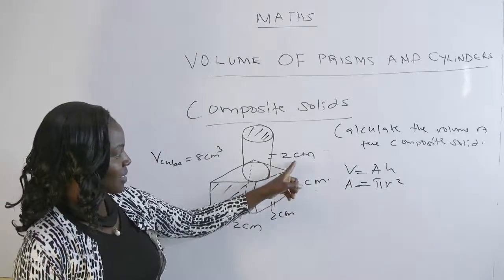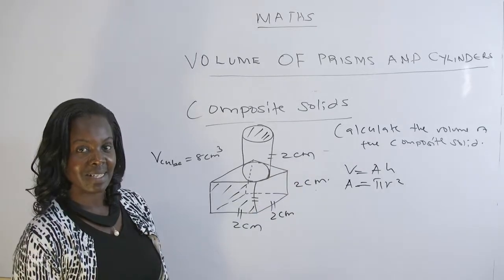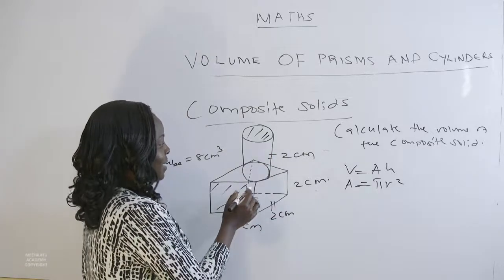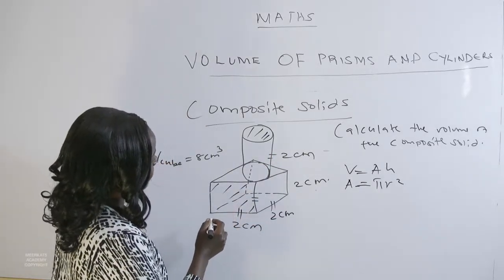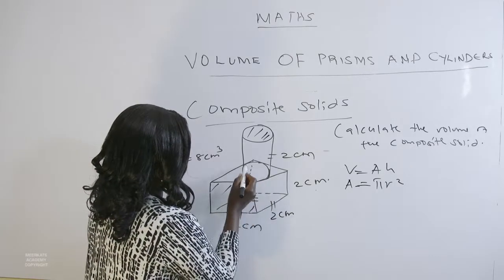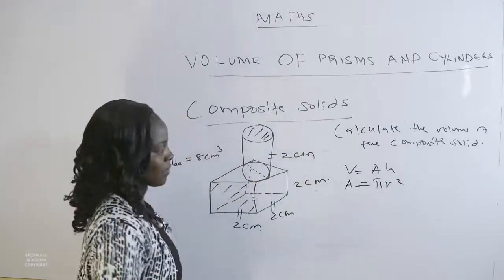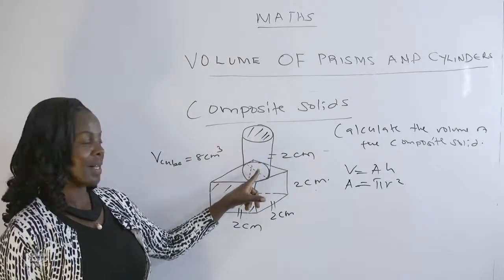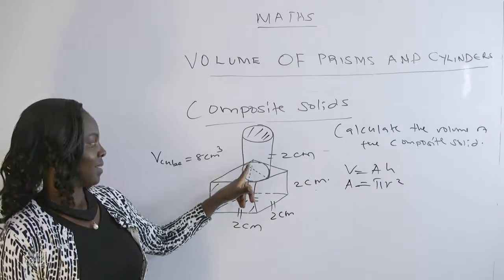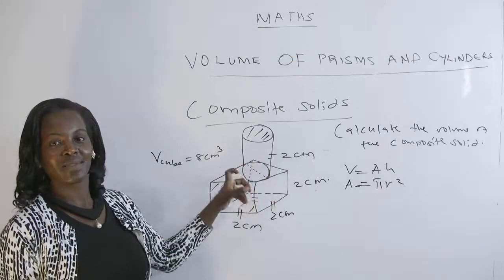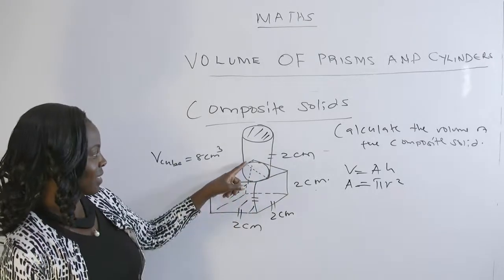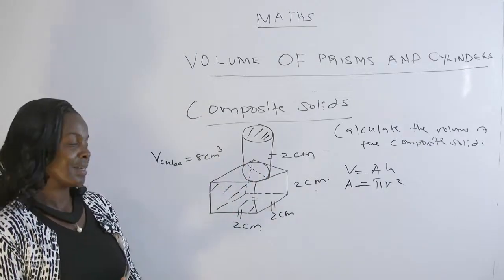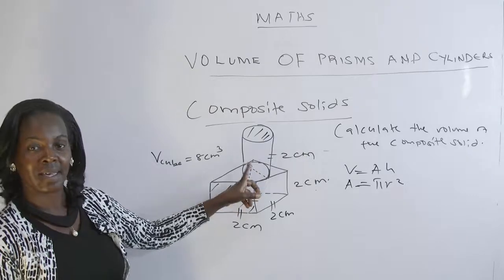What we are given here is that this is also 2 centimeters. What is the radius of this circle? You realize that the diameter of this circle is equal to the side of the cube, because the circumference of the circle is touching the sides of the cube.